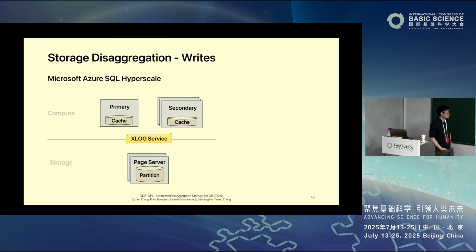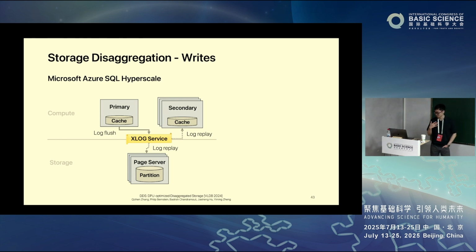In Hyperscale, they perform writes with an additional service called the log service. Every time the primary node executes a write transaction, this transaction generates some log records. These log records are sent to the log service, and from there they are further distributed to the secondary compute nodes and also the page servers, where these log records are replayed to refresh the local pages.